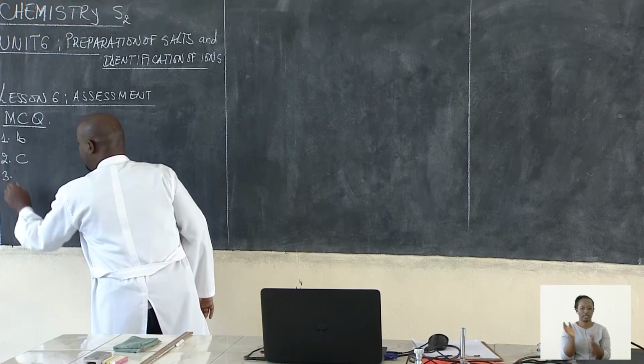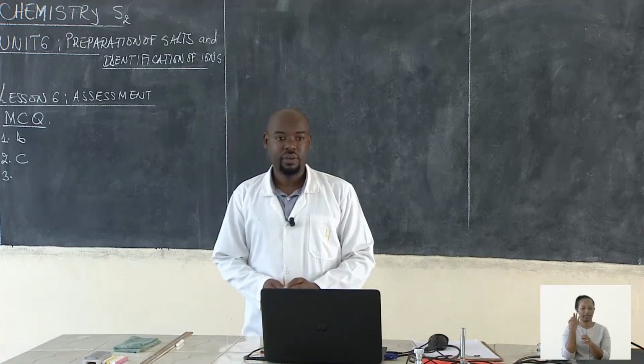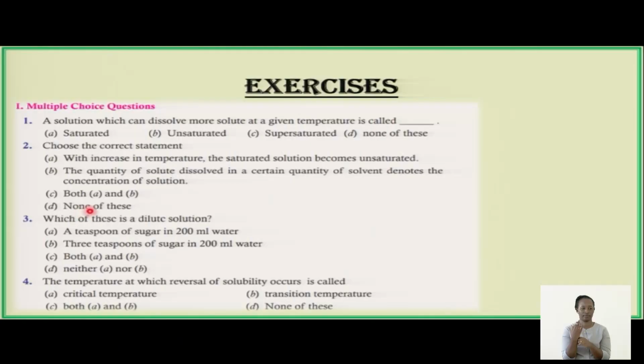And we go to number 3. Which of these is a dilute solution? A, a teaspoon of sugar in 200 milliliters of water.